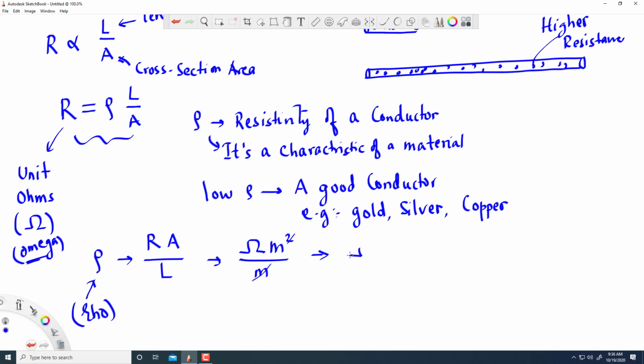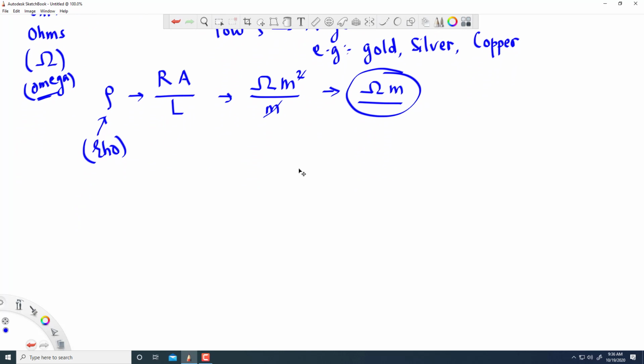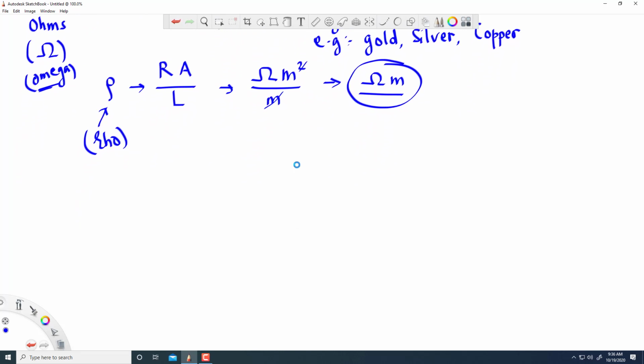That will give us ohm meter. So, the unit of rho is ohm meter. You will see these kinds of questions in tests and quizzes. These kinds of questions are very commonly asked in some standard tests like PCAT or MCAT.